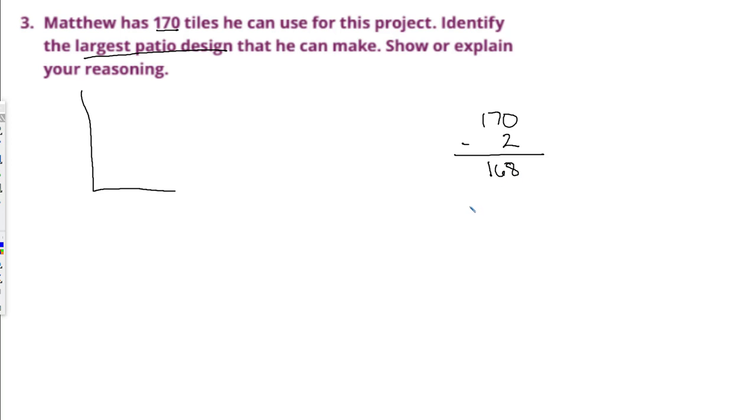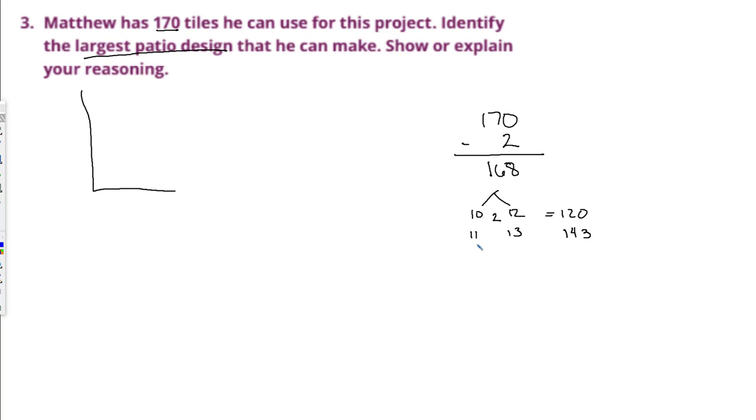And I want to figure out what design would actually get us a total of that 170. And so I need to find 2 numbers that are 2 apart, then multiply to give me 168. And so you can kind of go through it and see. So 10 and 12 will give me 120. 11 and 13 gives me 143.